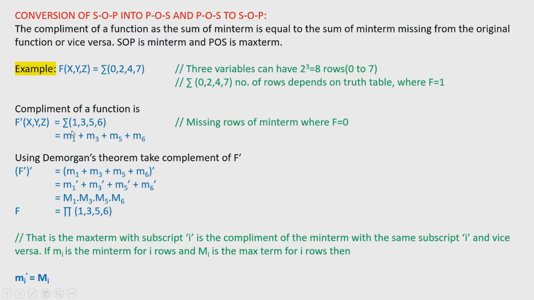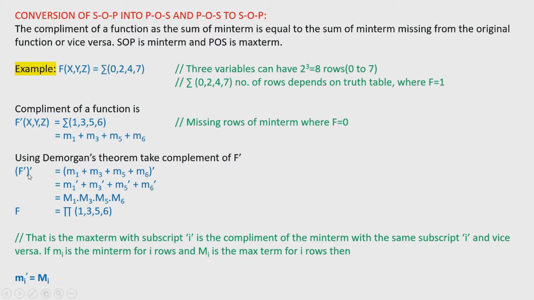So when this is written in minterm notation, it comes out as m1 plus m3 plus m5 plus m6. So this is in terms of the decimal designation, and this is the shorthand notation, m1 plus m3 plus m5 plus m6. Now according to De Morgan's theorem, we take the complement of f complement.